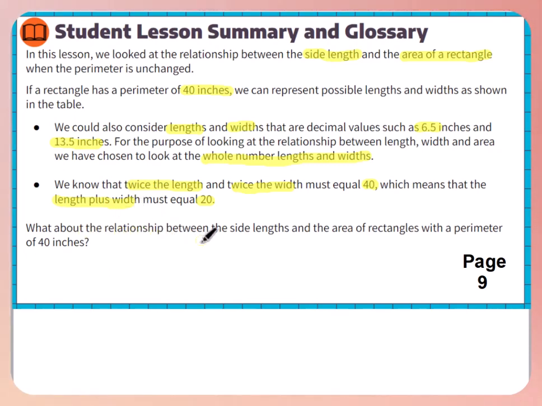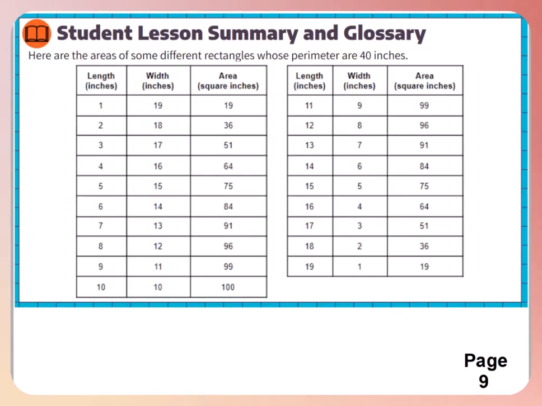Now what about the relationship between the side lengths and the area of rectangles with a perimeter of 40 inches? What did you notice? Let's look at these tables. If we have a length of 1 and a width of 19, the area is going to be 1 times 19. If we have a length of 2 and a width of 18, the area is going to be 36.